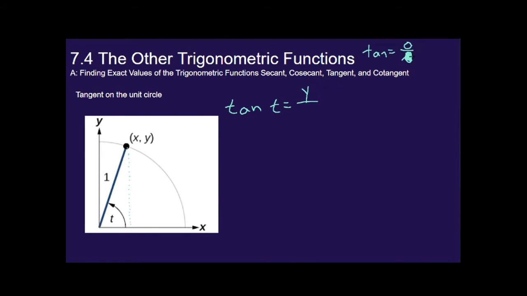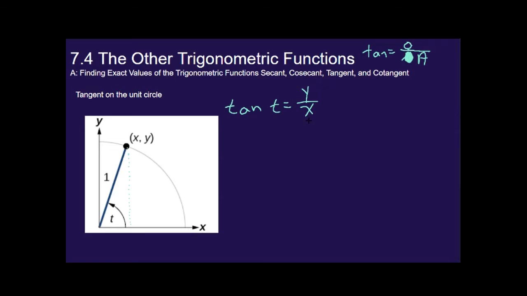This is when I need you guys in class with me to catch me before I keep going and make mistakes. Opposite over adjacent, right? And the adjacent is the x value. So tangent of t on the unit circle is equal to y divided by x.